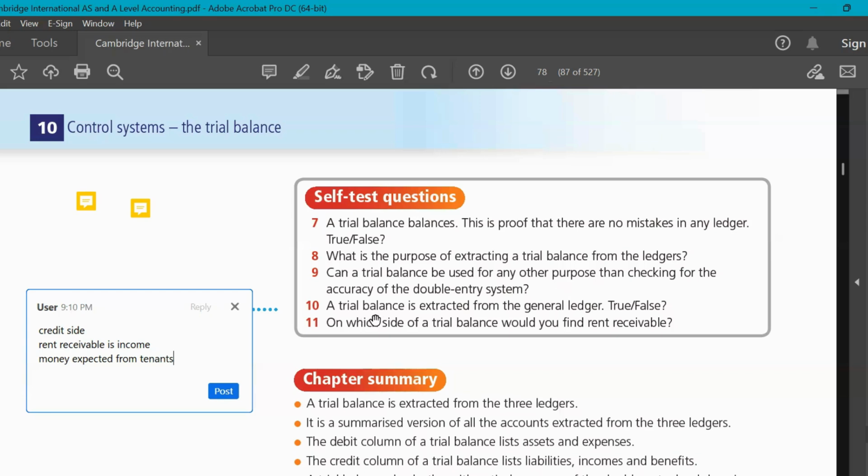And the trial balance is extracted from the general ledger: general ledger first, then the T account, and after the T account, you prepare the trial balance. Last, rent receivable is considered an income. I hope that you've learned something, and good luck in your exams.